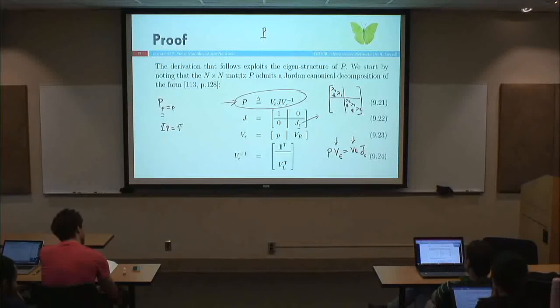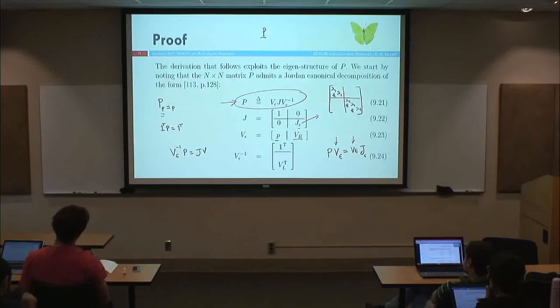P times the first vector of V epsilon is the first vector of V epsilon times 1. So that's why the first vector of V epsilon is p. The rest I call V R. I don't care what it is. And here also, I could do V epsilon inverse P is J V epsilon inverse, from the same equation.